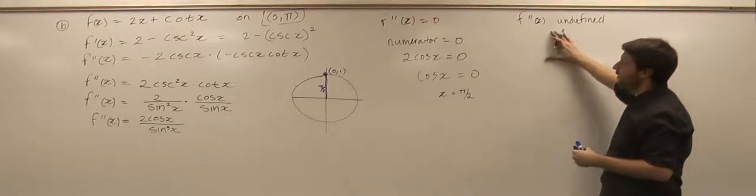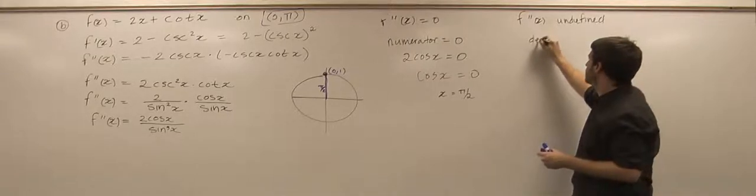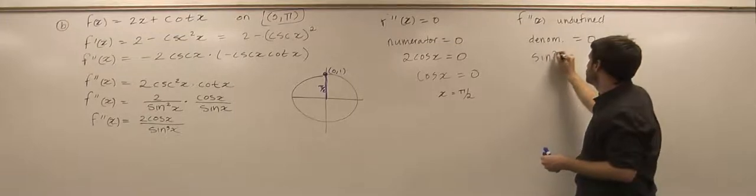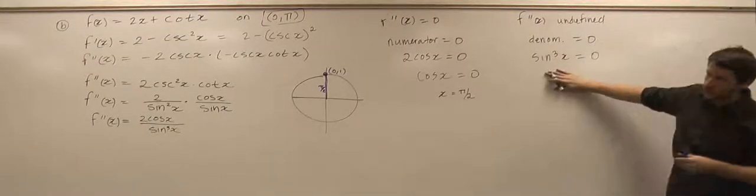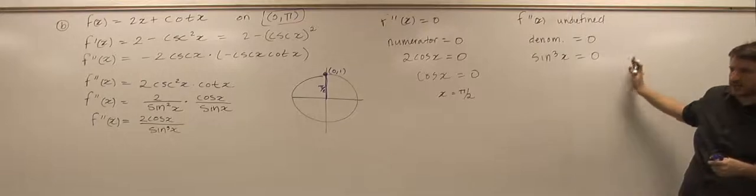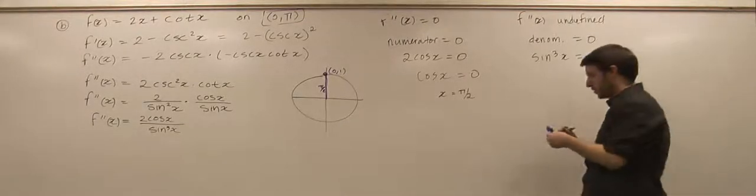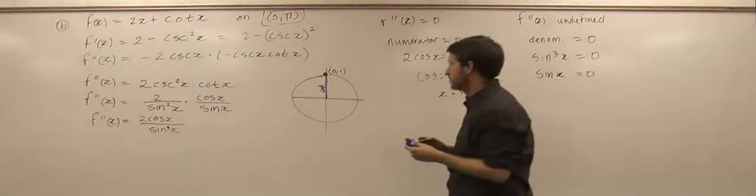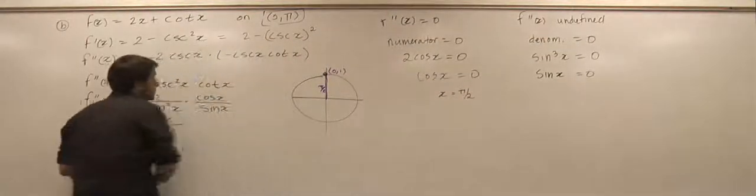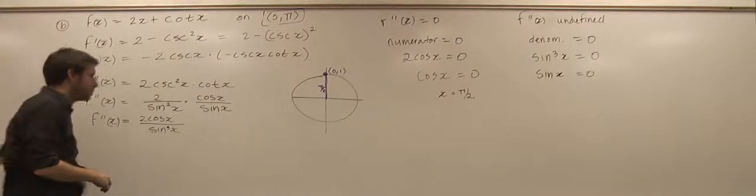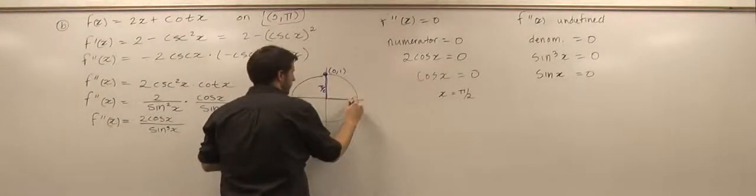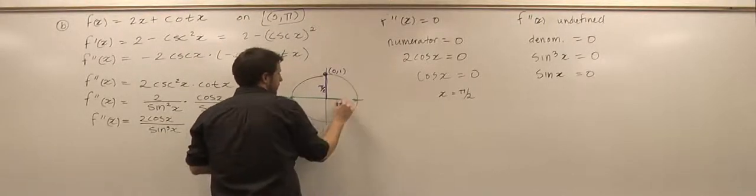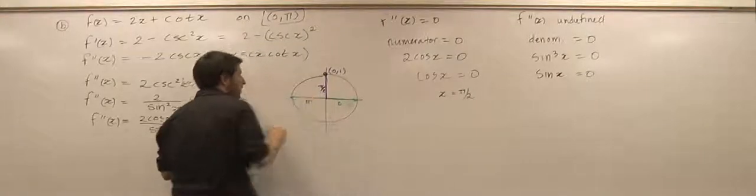Where's f double prime going to be undefined? That's when the denominator equals 0, right? So when sine cubed x equals 0, this cube isn't doing anything because you can cube root both sides to get rid of it. So this will just be when sine is 0. Sine is equal to 0 when the angle is 0 or pi.